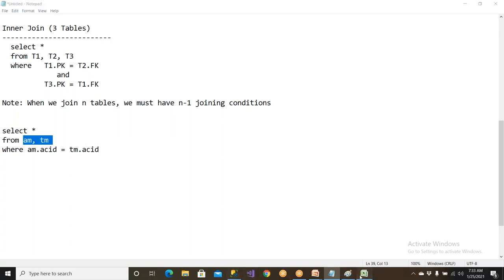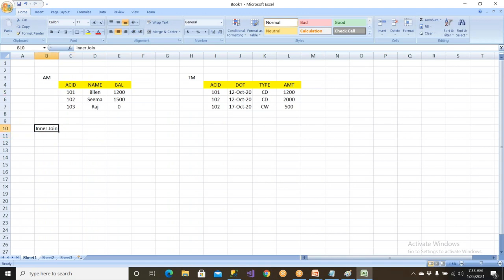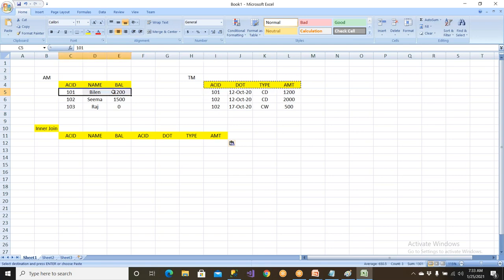Now what happens? 1 and 1 is matching, right? So 101 and 101 is matching. You are going to get the column names here first, and all the columns will also come. This and this is matching, so this row will be here, plus this entire row is going to come here.